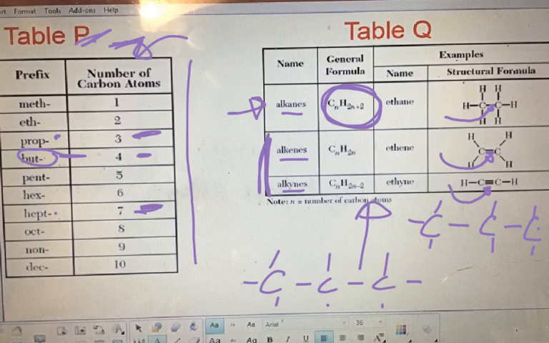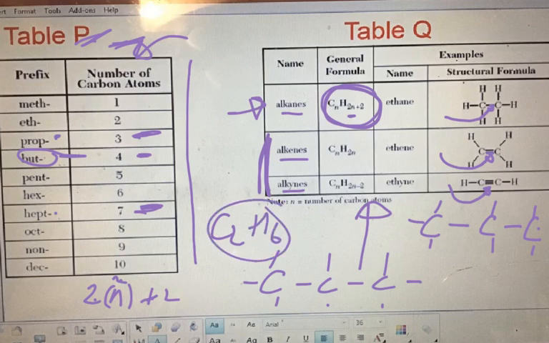If N is the number of carbons, so if I have 2 carbons, 2N plus 2. What's 2 times N, if my N is 2? 2 times N is 4, and plus 2 more, that'll give me 6, right? So I have C2H6 as my molecular formula.